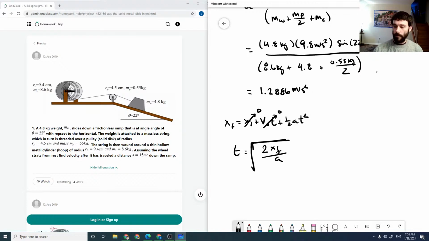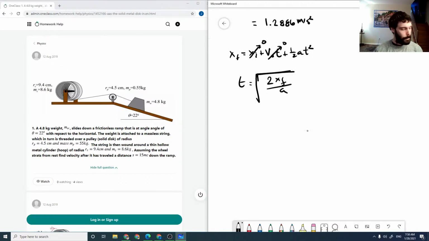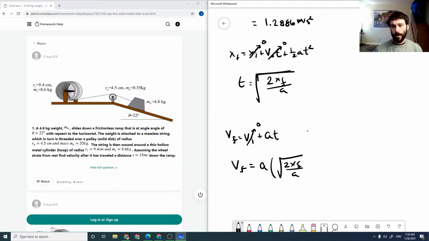Okay. And then our vf is vi plus a t. So our vf is just a times the square root of 2 xf over a, which is the square root of 2 a xf.